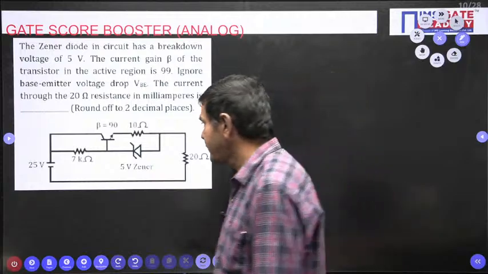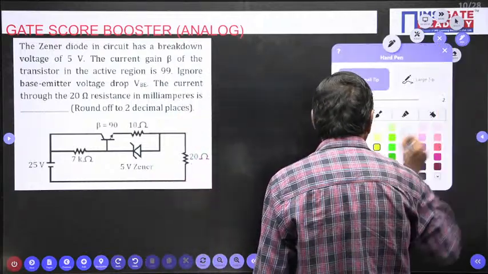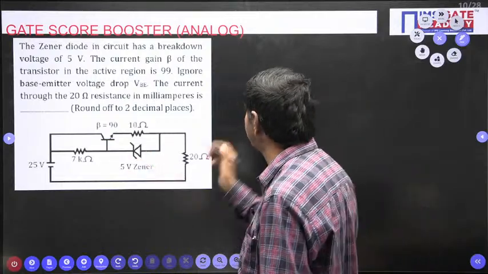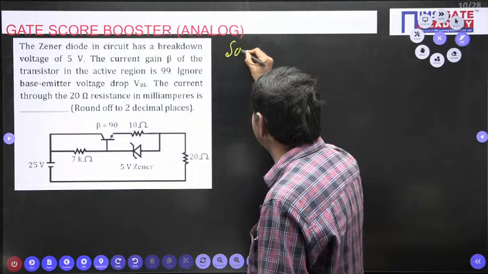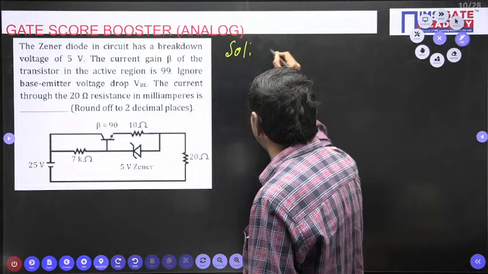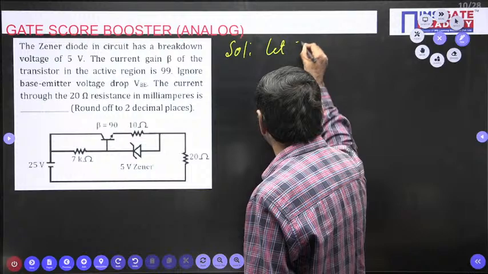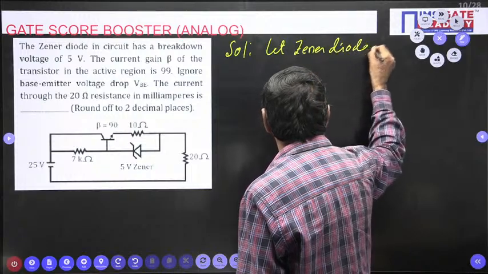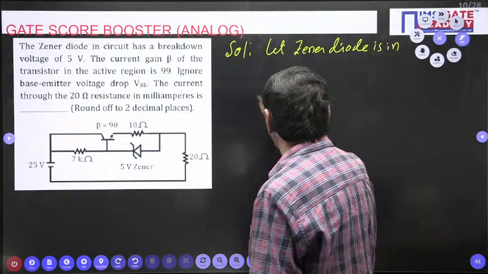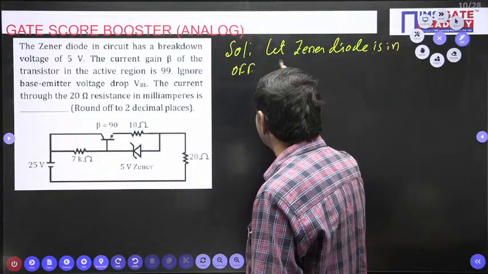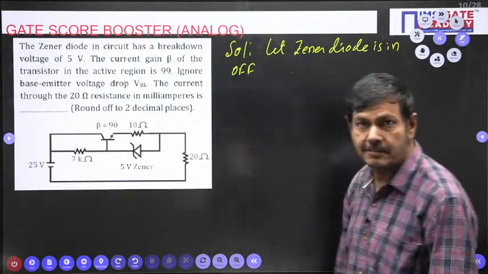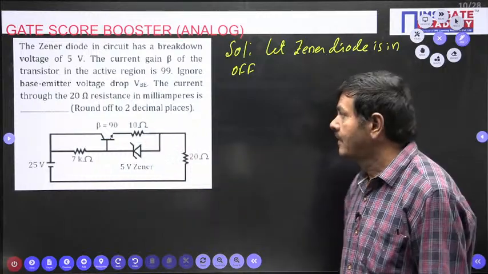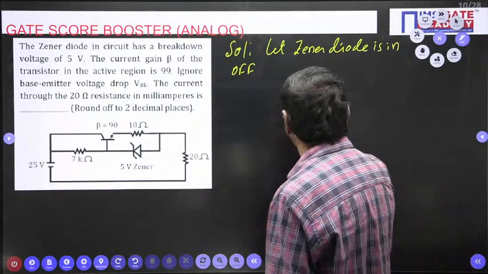Understand now. In this problem, I made an assumption: let the Zener diode be in off state. Since it is connected parallel to a resistor, in that case this diagram I can plot like this.